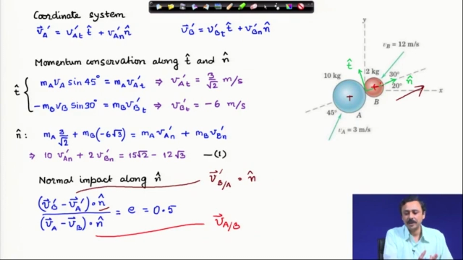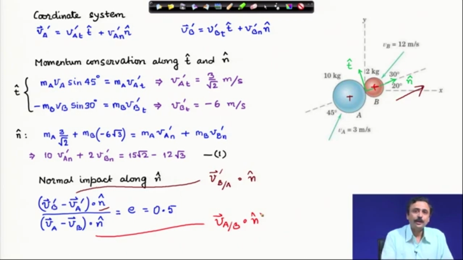As an observer, if you think about it, you are sitting on B and observing A coming towards you, and I have taken this dot n cap, which means that component along n cap. What will you observe? That along n it must be approaching you. Therefore, that relative velocity must have a positive component with the normal.